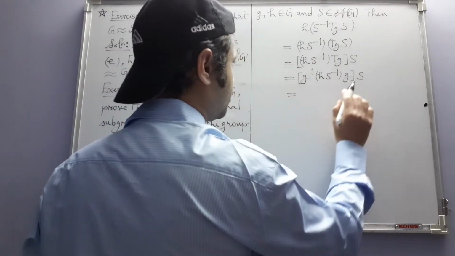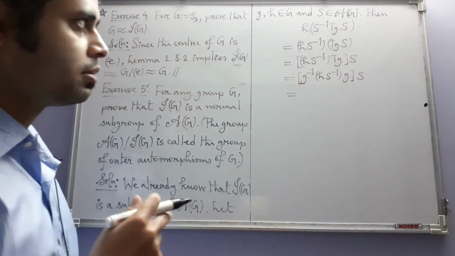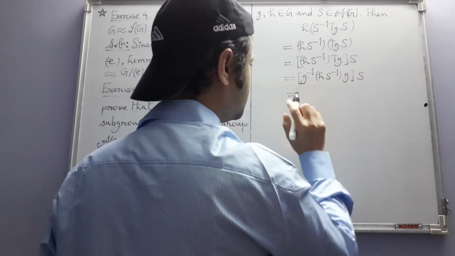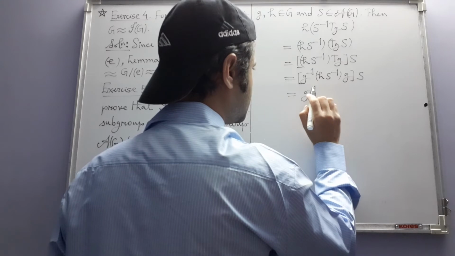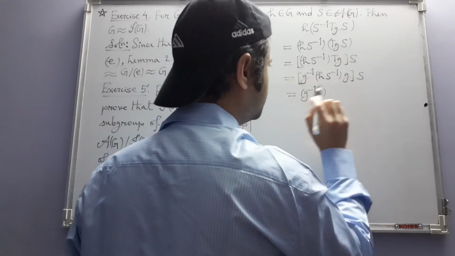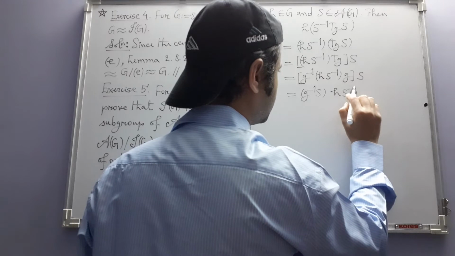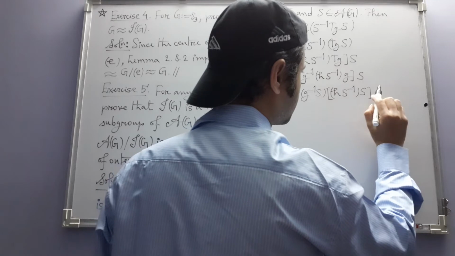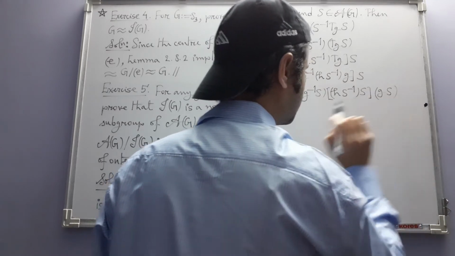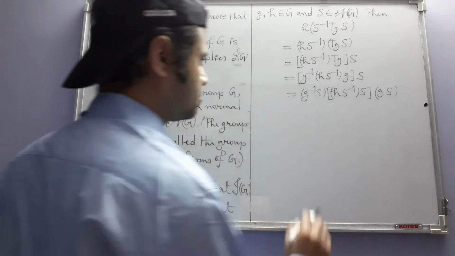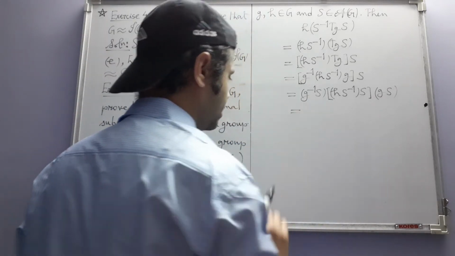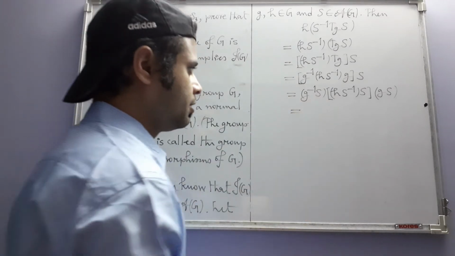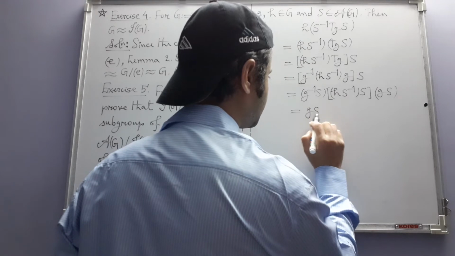Okay. Now S is an automorphism, means S is a homomorphism. So if we apply S on this product, because it's a homomorphism, it will get distributed. Now again, because S is a homomorphism, applying it on G inverse is the same as the inverse of GS.